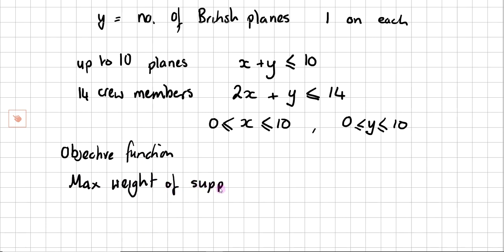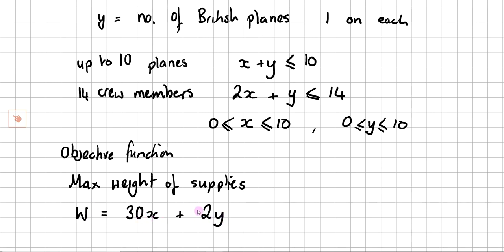And how would I work out how much weight I'm carrying? Okay, so that's the weight. Weight is 30 times the number of US planes. Every plane has 30 tons.